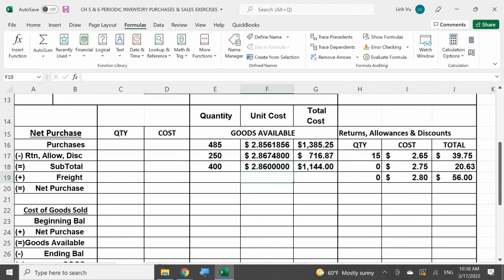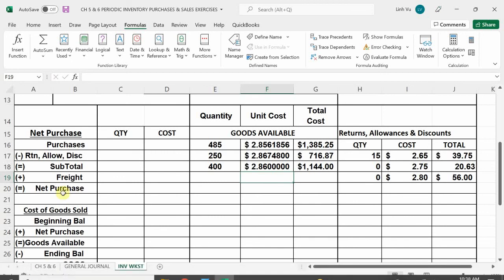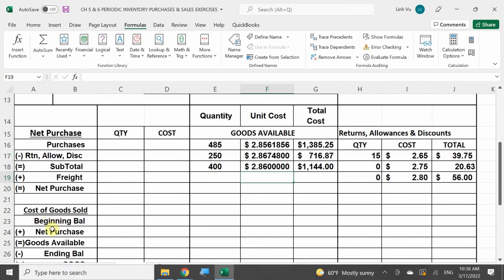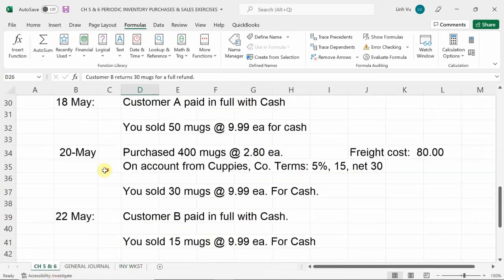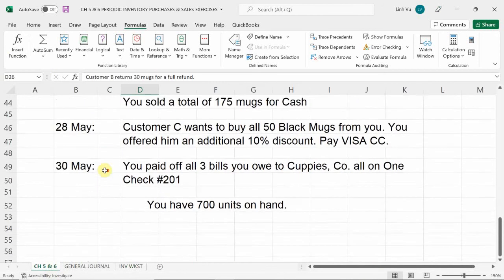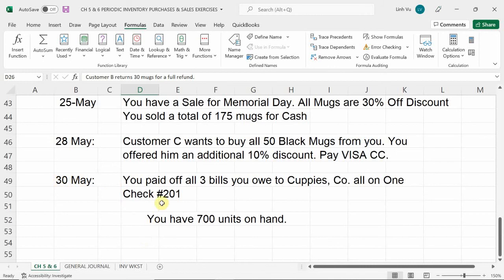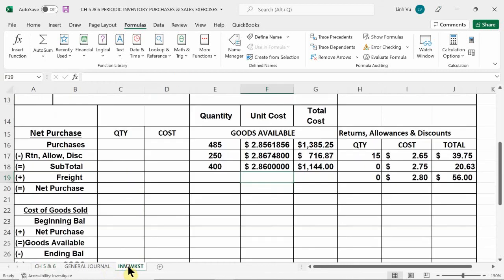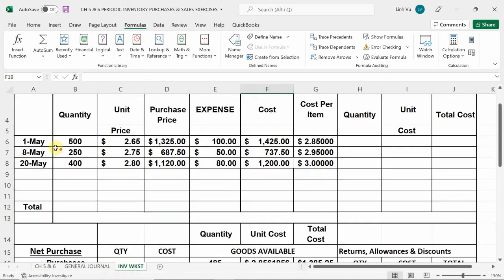Okay, close. So then let's take a look at what my last scenario says. That at the end of May 30th, I should have a grand total of 700 units on hand. All right, so we reach the end of our scenario here.